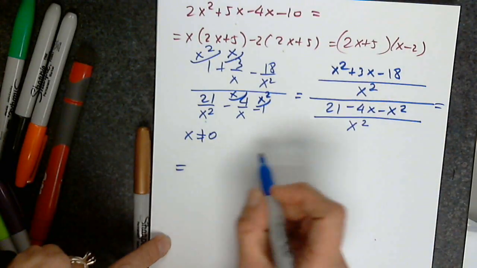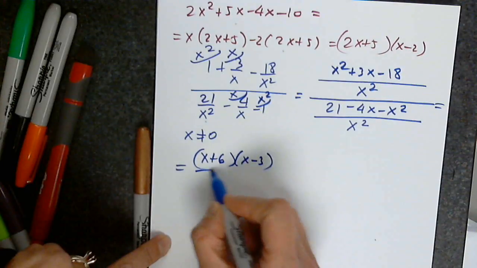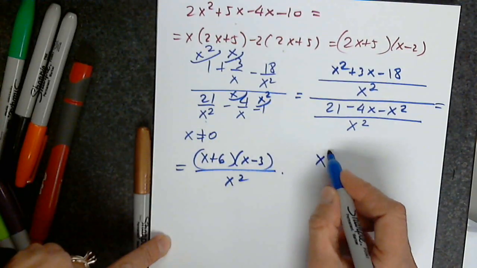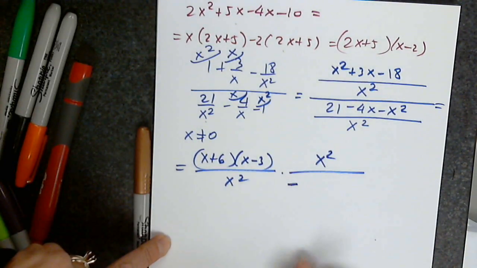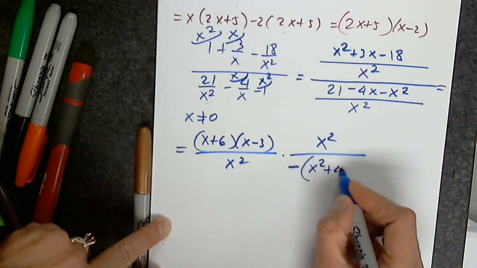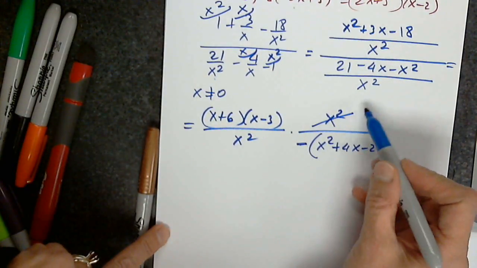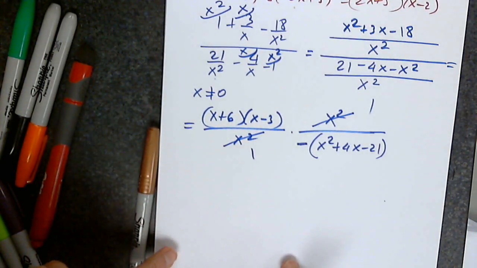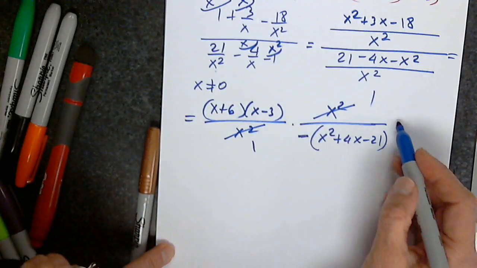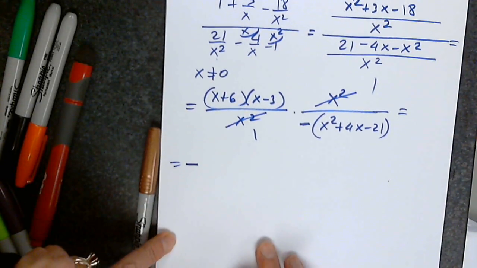I like everything except this, of course. I copy the top and I factor it already, x plus 6 and x minus 3 over x squared times x squared over the opposite in front. I have to factor out negative 1. And then I have x squared plus 4x minus 21. These two will go away. And now, positive with negative in the denominator will be negative.